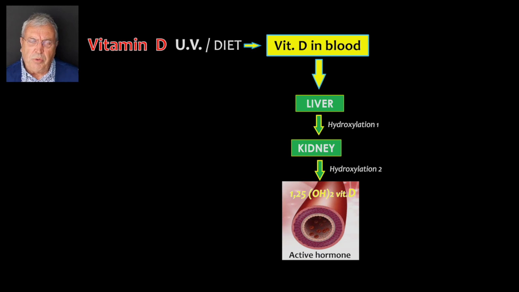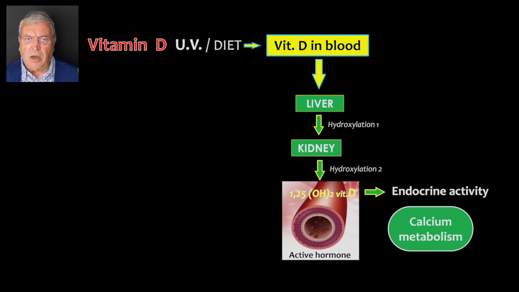What is the pathway? We know that we produce vitamin D after sun exposure, or we take it by diet, and then it goes to the blood, through the liver and the kidney, with 2-hydroxylation and becoming an active hormone, 1,25-dihydroxy vitamin D, making an endocrine activity on the calcium metabolism.